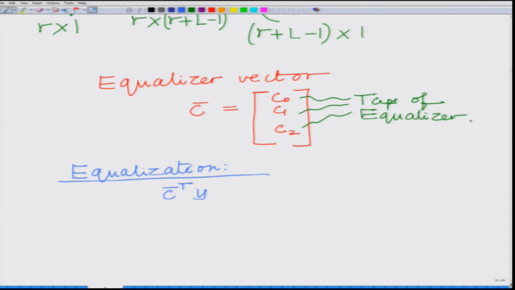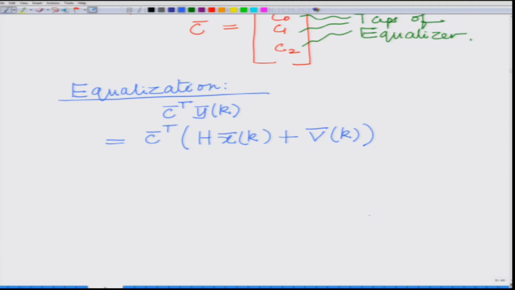And our process of equalization is C bar transpose y bar k, which is equal to C bar transpose, substituting for y bar k, H x bar k plus v bar k, which is equal to C bar transpose H x bar k plus C bar transpose v bar k.